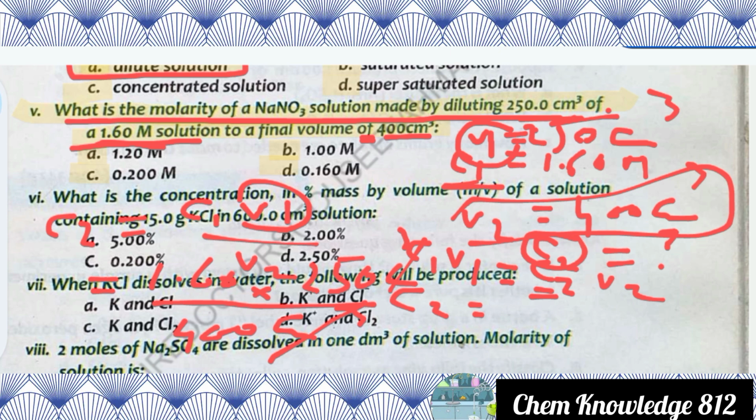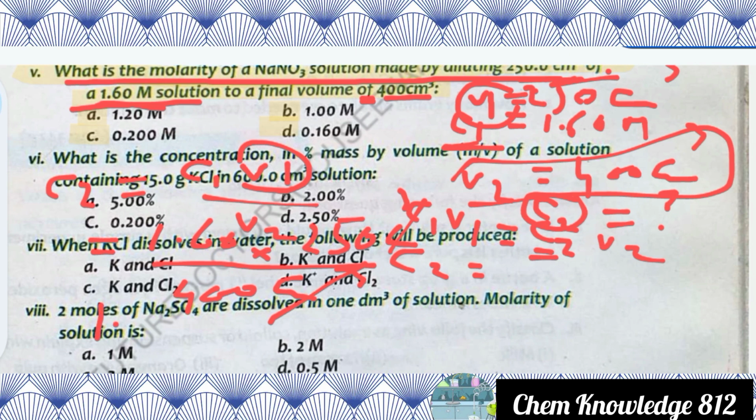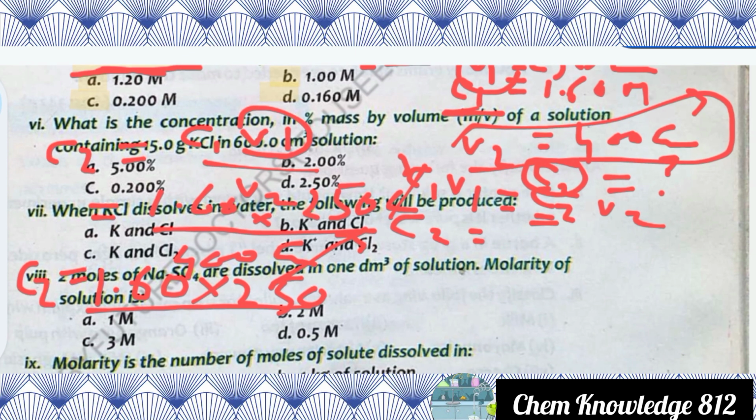and by multiplying, C2 will be equal to 1.60 times 250 divided by 400. From this, we will get a concentration of 1 molar.